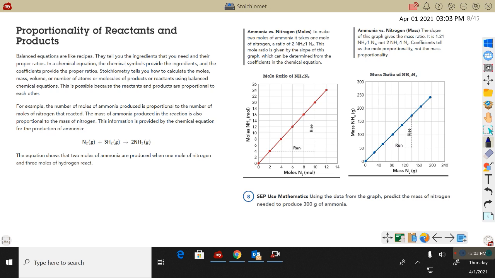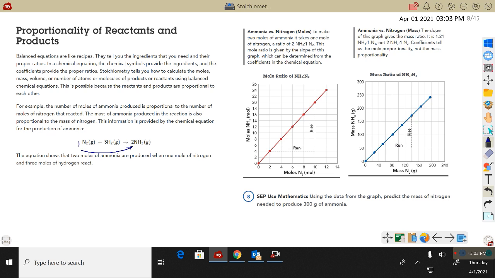No matter what points I pick, I'd get a slope of 2. That actually matches the mole ratio in the balanced equation, that there's 1 nitrogen and 2 NH3. Again, it could be a ratio of molecules, or on a larger scale, we would say moles.